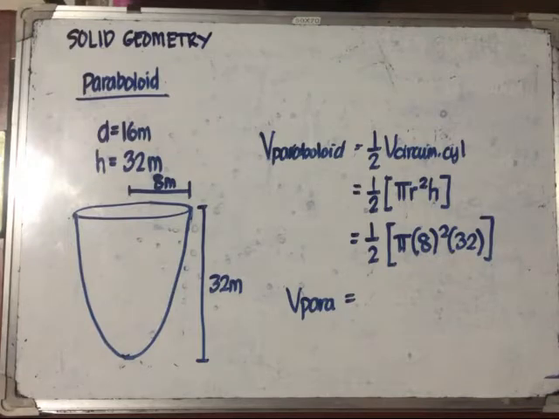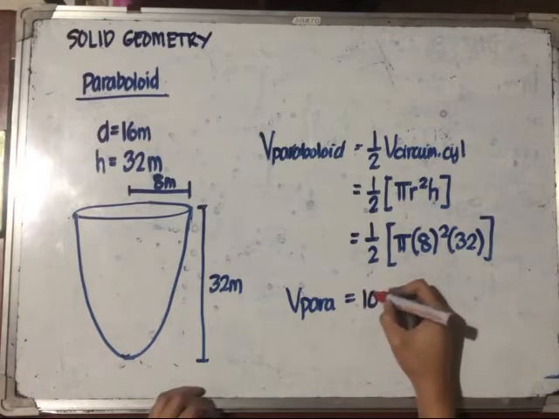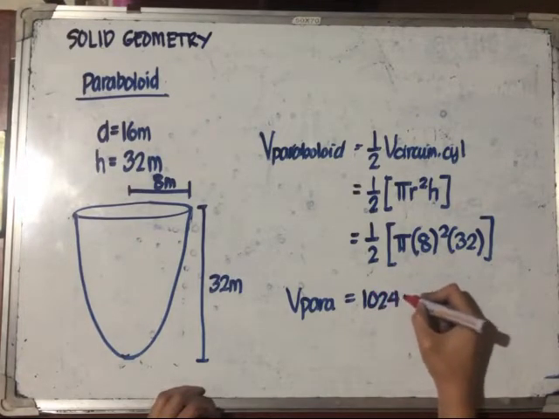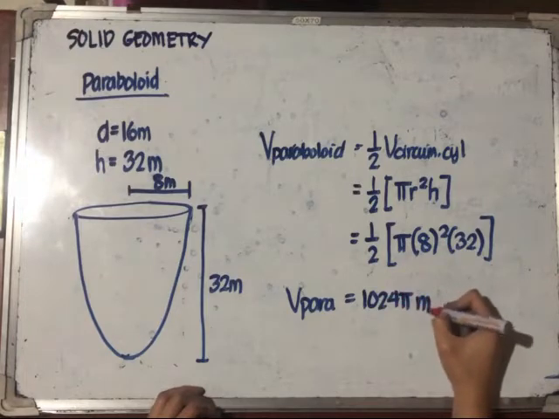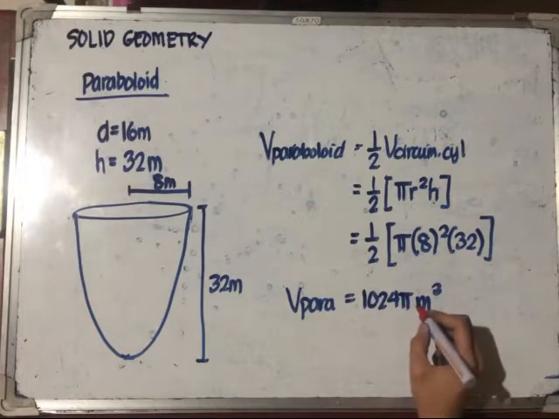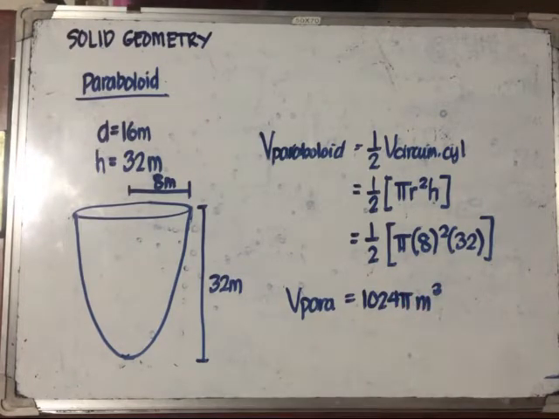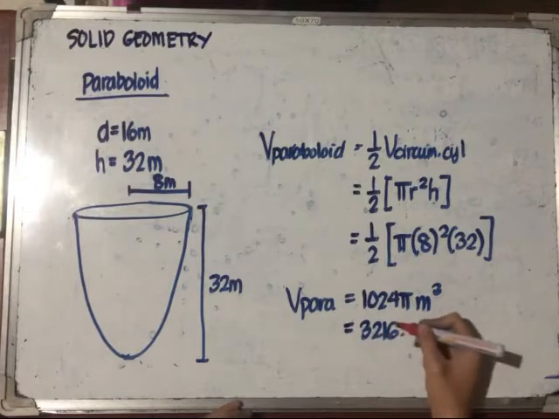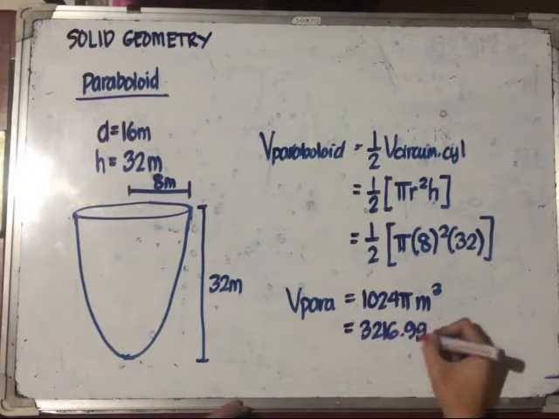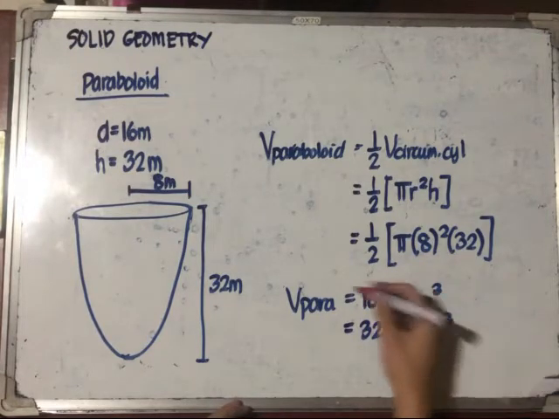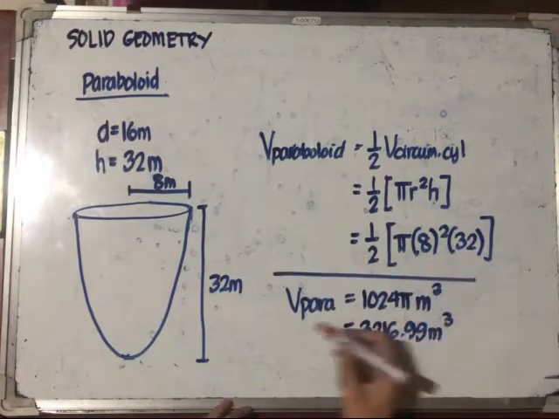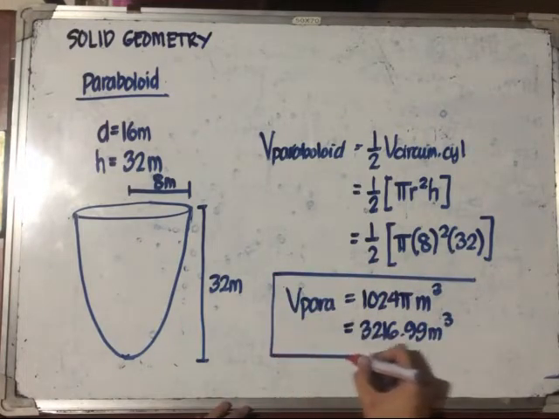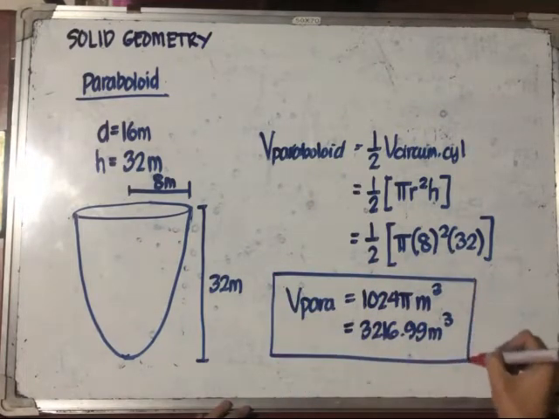That would be 1,024 pi cubic meters. Or in decimal, na-multiply natin siya by pi. That is 3,216.99 cubic meters. Ayan.